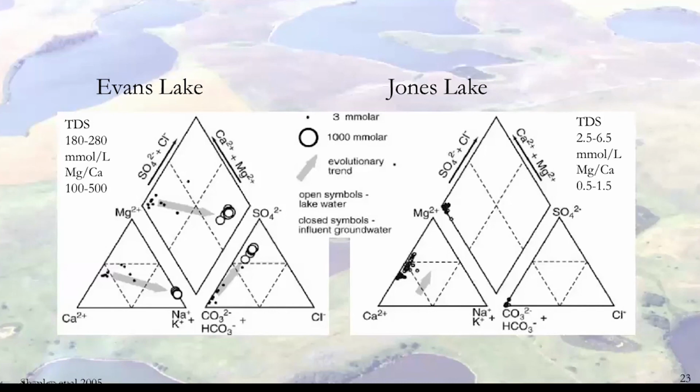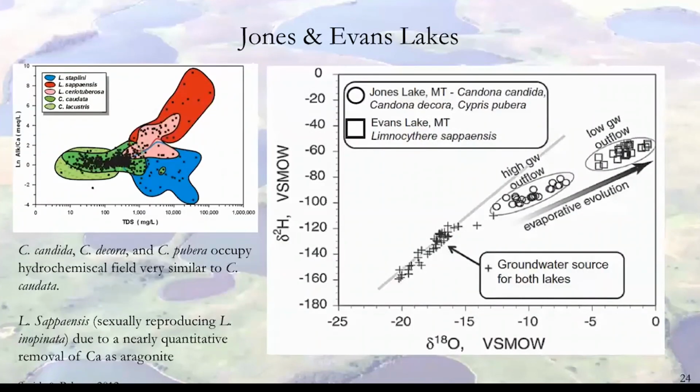Okay, and what you see is that Jones Lake, because of its water chemistry, has types of ostracods that are in this green zone, dilute waters, whereas Evans Lake has species which are in the red zone.